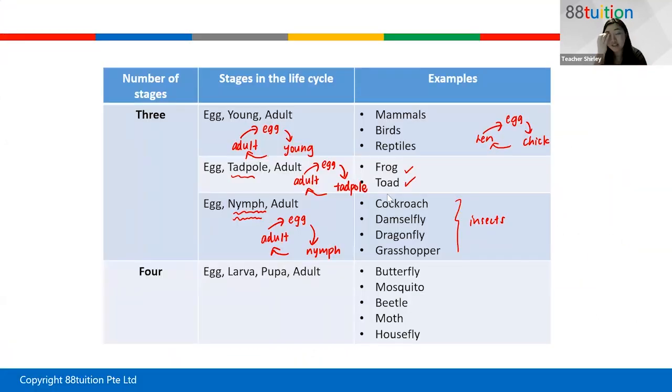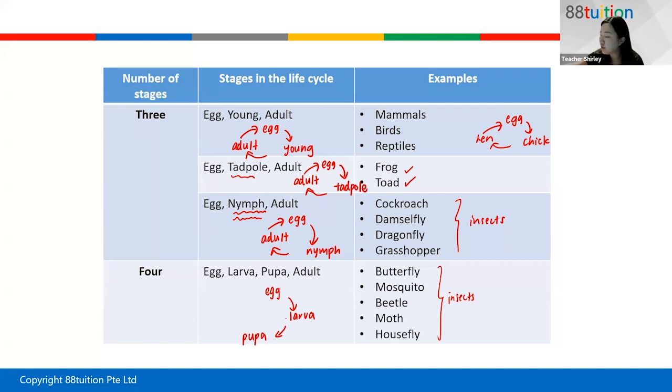Okay, Ken? So you understand what it means, huh? Okay. So there are also insects with 4-stage life cycles, and these are the insects. So the 4-stage life cycle typically is egg, larva. Like I say, follow the alphabetical order.